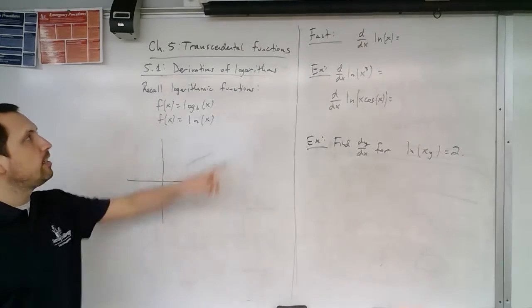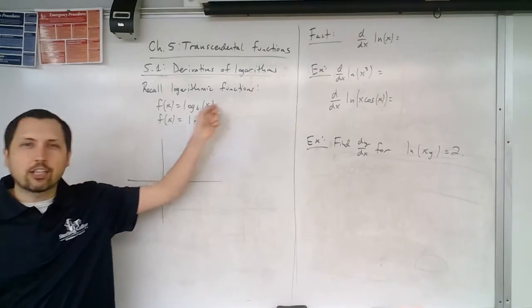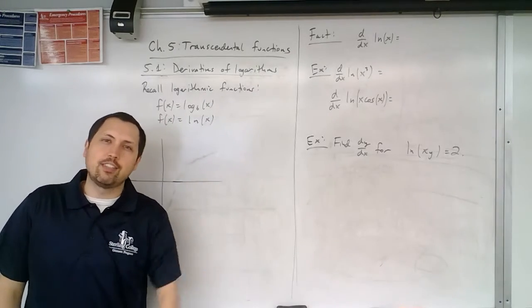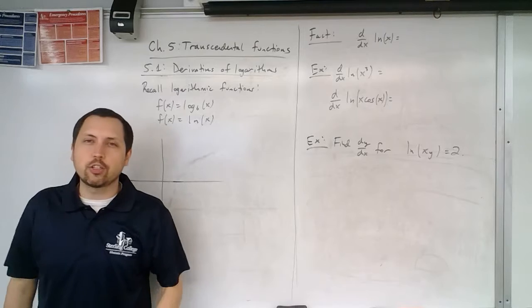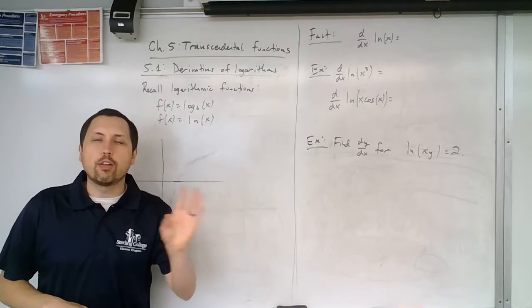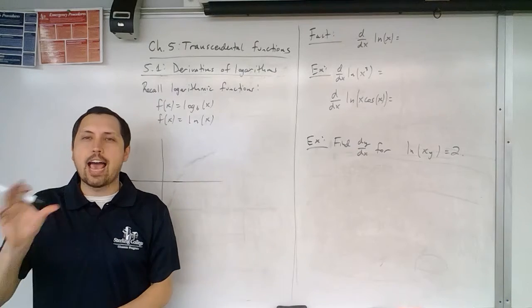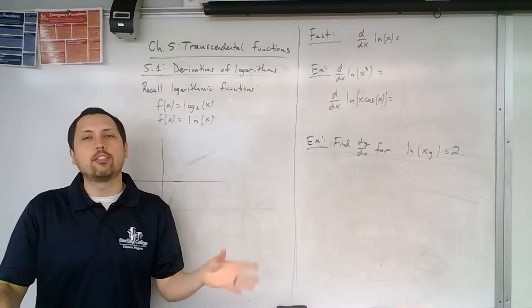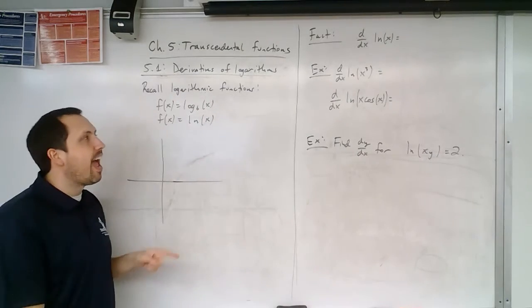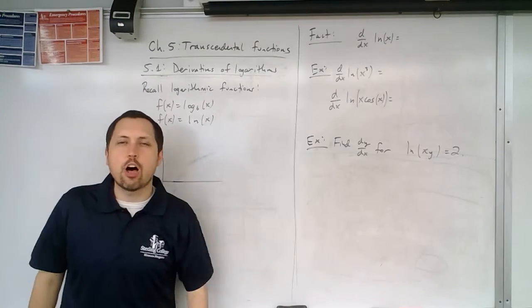Just a little bit of a reminder of logarithmic functions. These are things like natural log or log base b of x. Remember, you have bases, similar to exponential functions. If you recall back in pre-calc, we said that logarithmic functions and exponential functions are related because they're inverses of one another. In particular, we had the natural log of x.